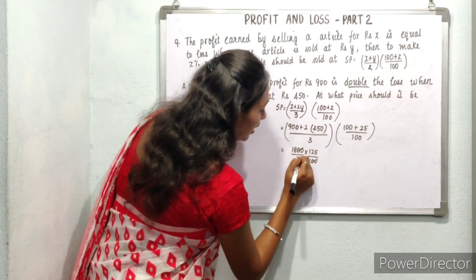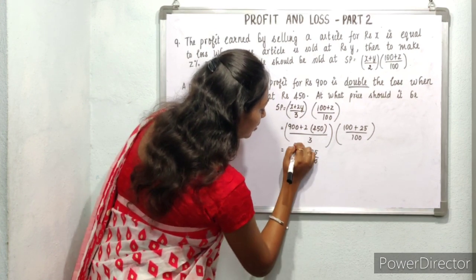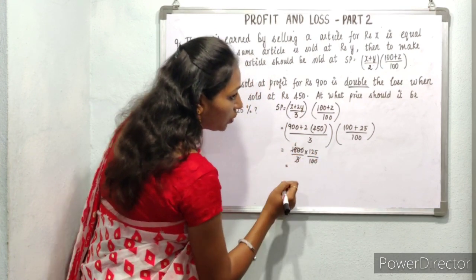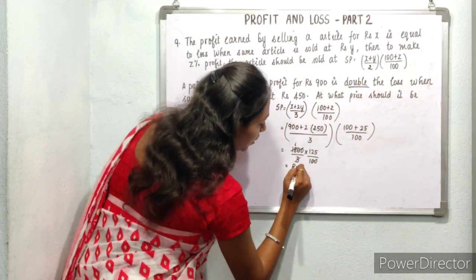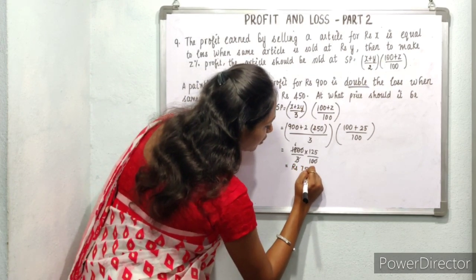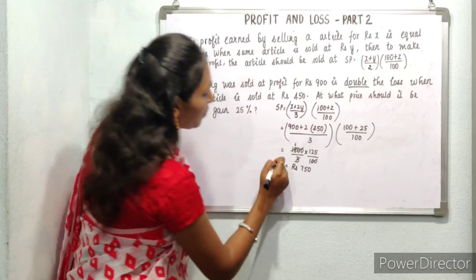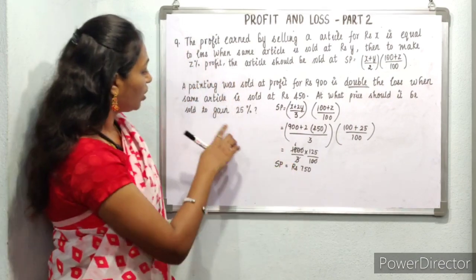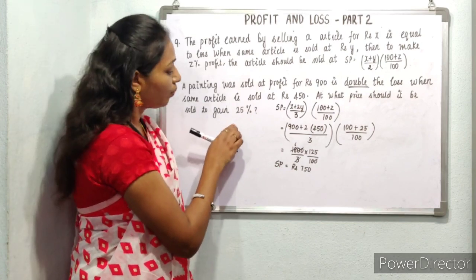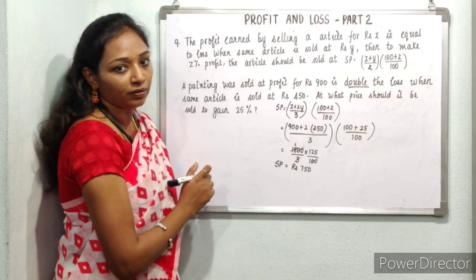So these 2 zeros will get cancelled. This one and this one will get cancelled for 6 times. So we have the answer as rupees 750. 125 into 6 is 750. So the selling price to gain 25% profit is rupees 750.